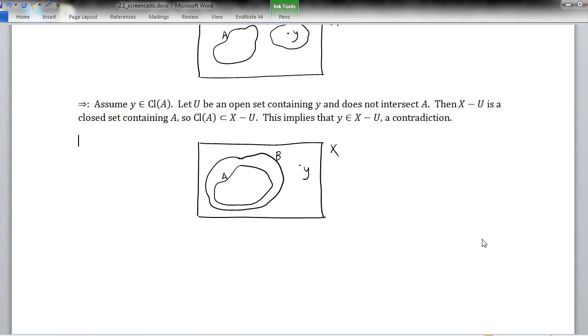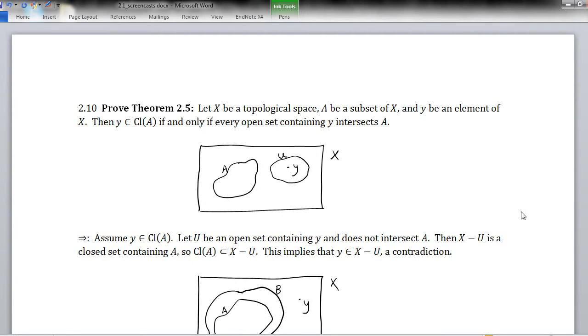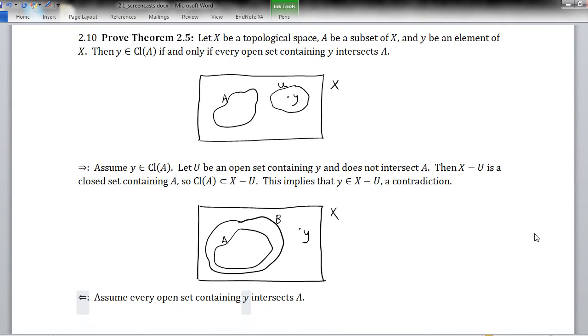And now for the backward direction, we have another little visual aid here. And okay, so this time we're going to assume that every open set containing the element Y intersects A. And we want to prove that Y is in the closure of A. Okay, so I'm going to do proof by contradiction again.